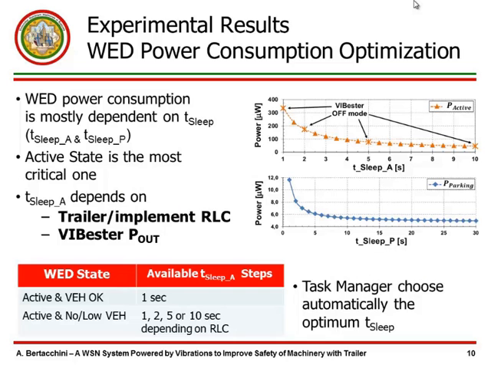You can see that the power consumption is strictly dependent on the sleeping time, and the optimum sleeping time is chosen automatically by the task manager, considering both the actual risk level condition and available power from the harvester. In particular, when no or low energy is available from the harvester, the task manager chooses sleeping time with higher granularity for power saving.